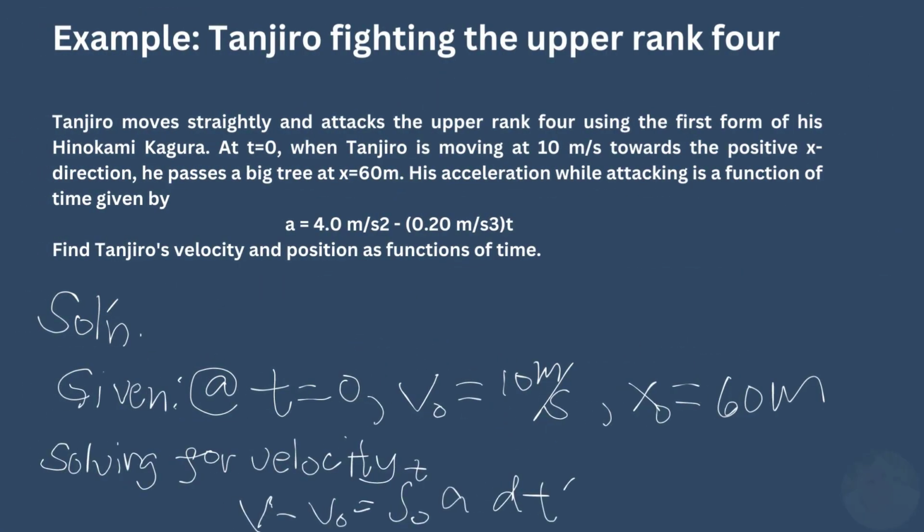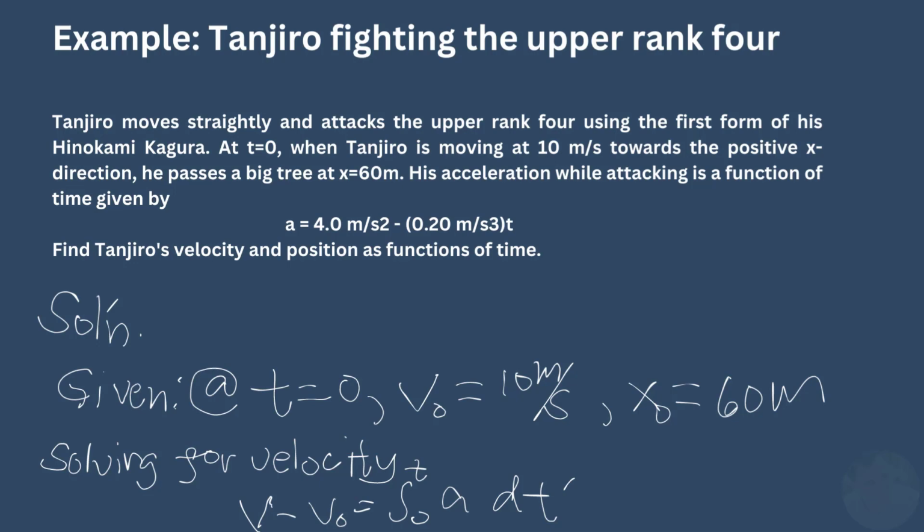Now, let's apply the concepts we learned from extracting the equation of motion for systems with varying acceleration. Let's consider the problem which states that Tanjiro moves straight and attacks the upper rank 4 using the first form of his Hinokami Kagura. At t equals 0, when Tanjiro is moving at 10 meters per second towards the positive x direction, he passes a big tree at x equals 60 meters.